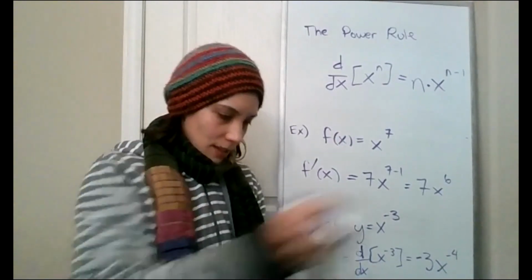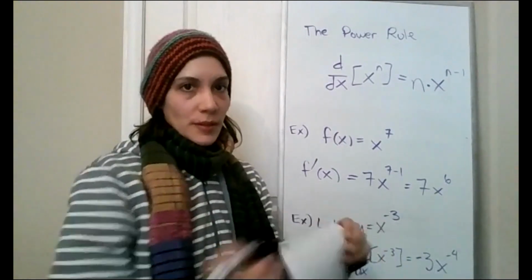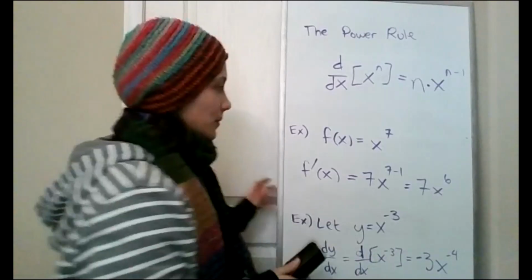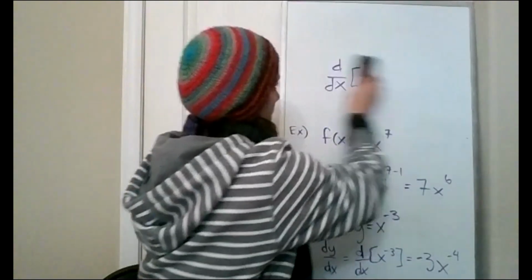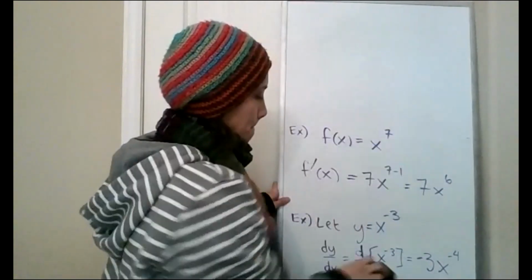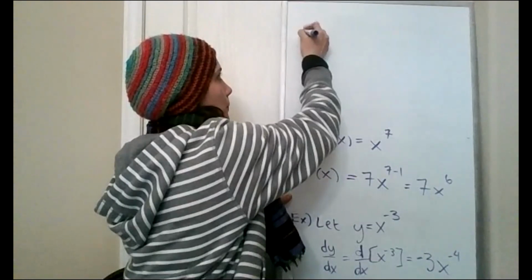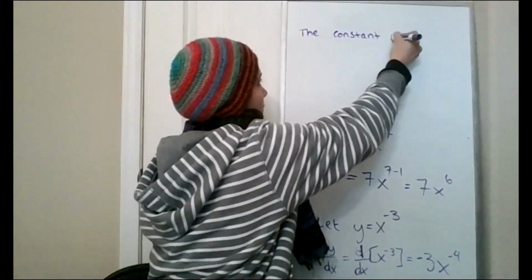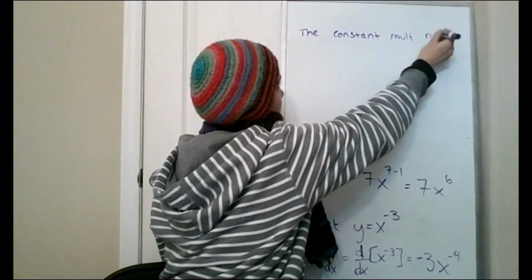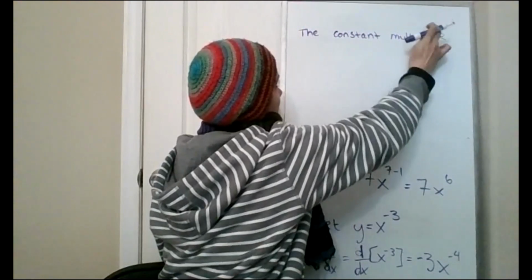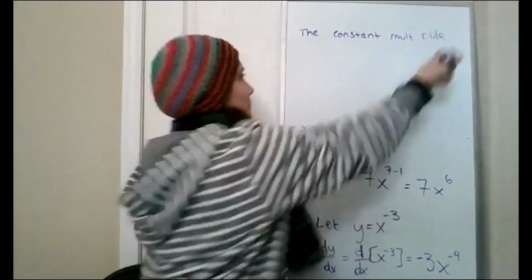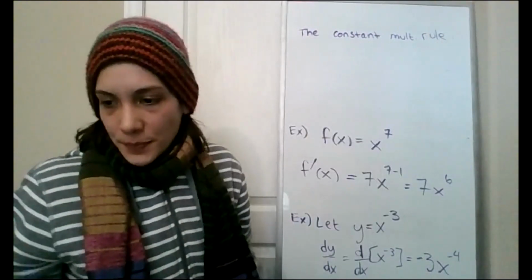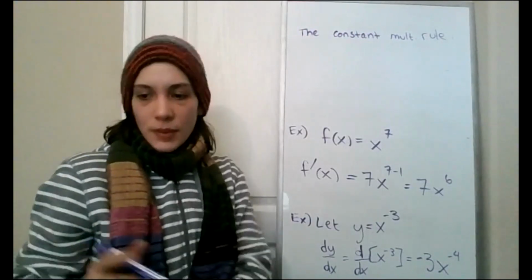Okay. The constant multiple rule. I have a function f and it's differentiable. So let's start.